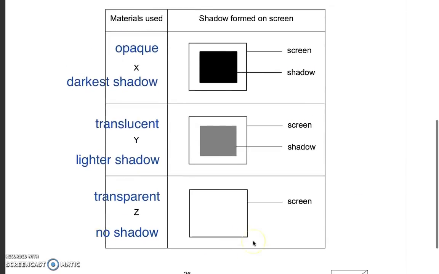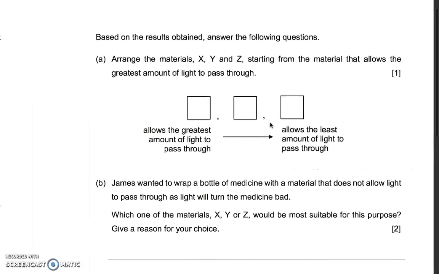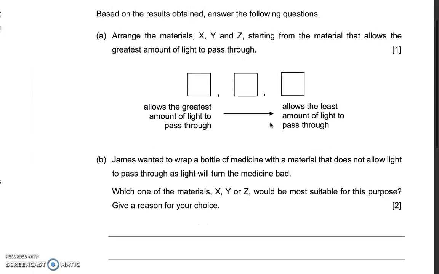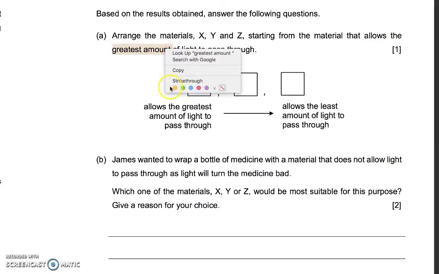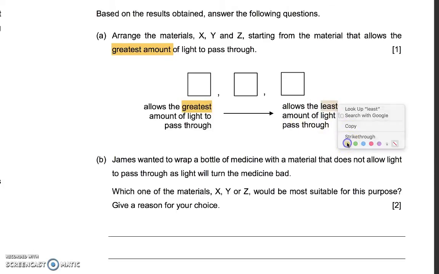So let's look at the questions that are asked. Based on the results obtained, answer the following question. Arrange the materials X, Y, and Z starting from the material that allows the greatest amount of light first, followed by the least amount of light. So I've already drawn the boxes for you, and they have also indicated where the greatest amount should be, where the least amount should be.